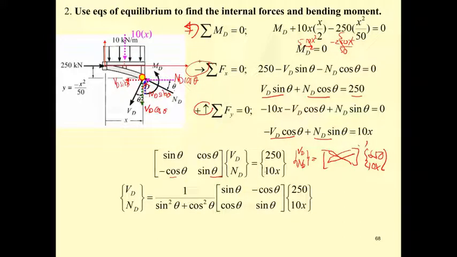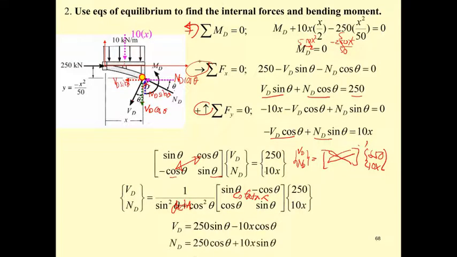So you have this as the determinant of A, and this is going to be the cofactor of A. That means you just switch this one, and then you get this. So you may get the equation of v sub d equal to this and n sub d equal to this. And we still don't actually know the value yet, because it's a function of theta.